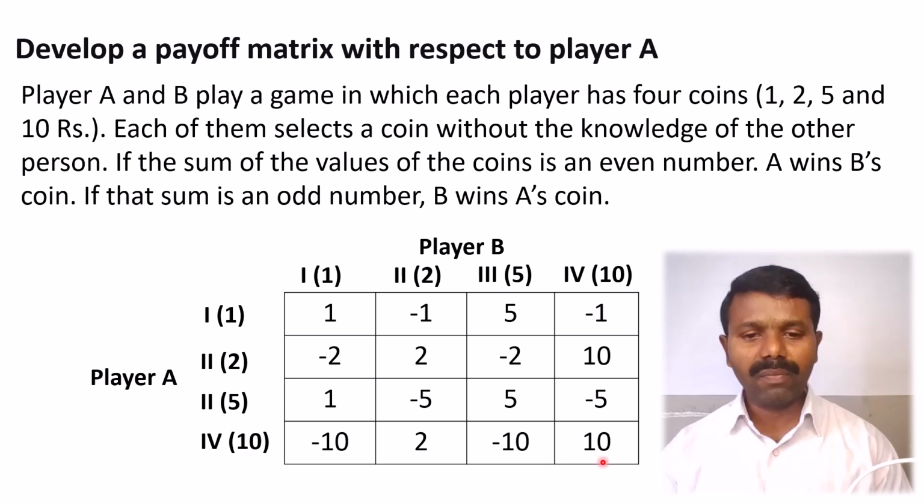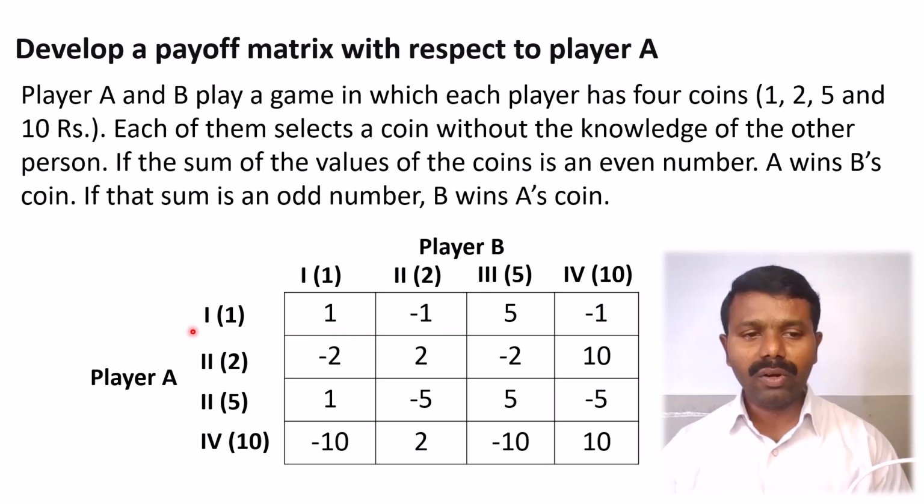Now this payoff matrix we need to build. Whenever the sum of these two coins becomes an even number, player A will gain the coins, and if the sum is an odd number, player B will take the coins.